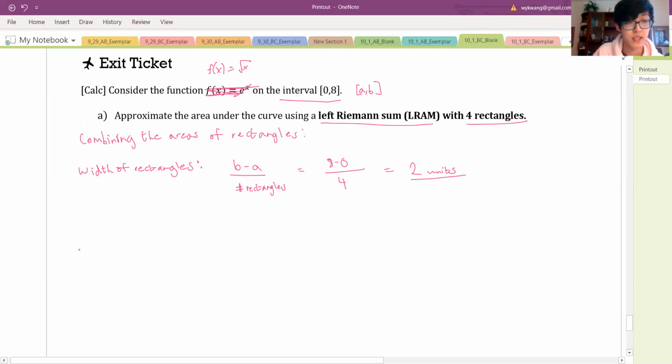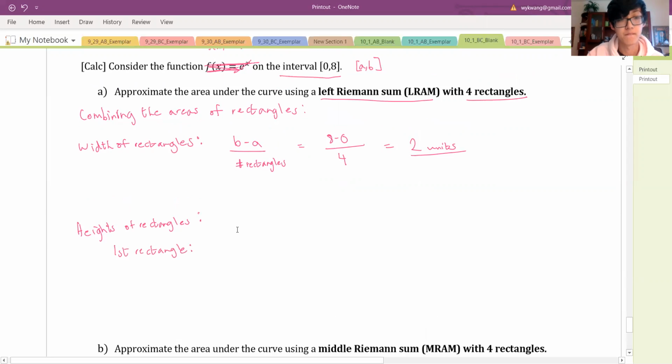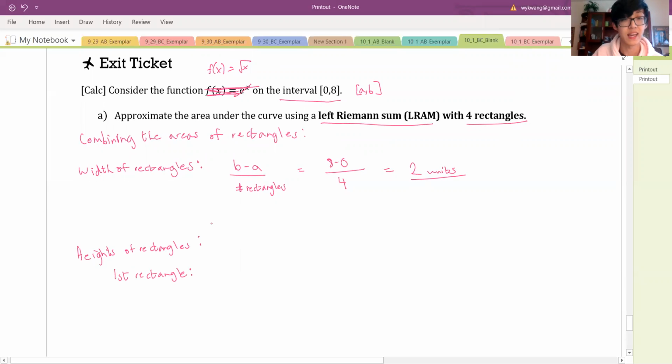So let's find the heights of our rectangles. Unlike the width, the heights of our rectangles are each going to be different, and we have 4 rectangles. For our first rectangle, the height is going to be from the leftmost endpoint.